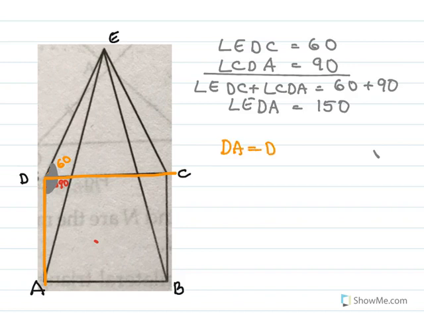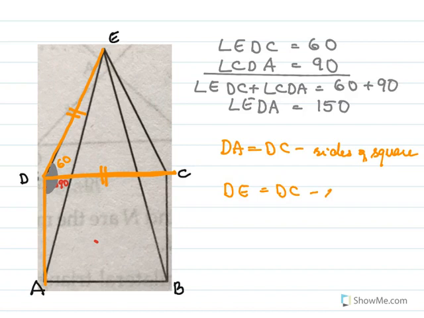Then in the next we have seen that DA equal to DC, sides of square. And then we also saw that DE is also equal to DC because it's sides of an equilateral triangle.